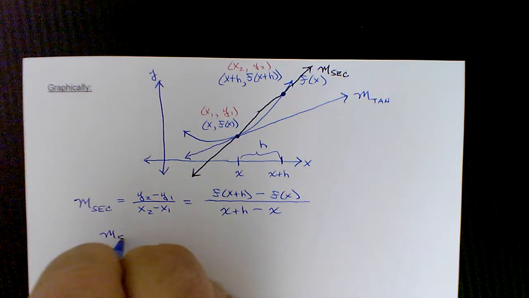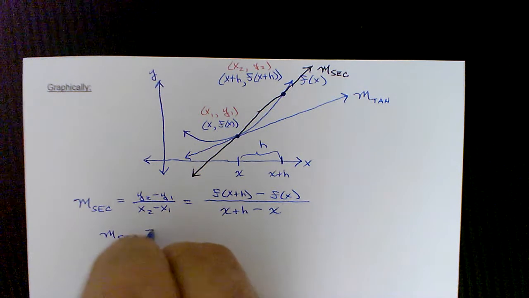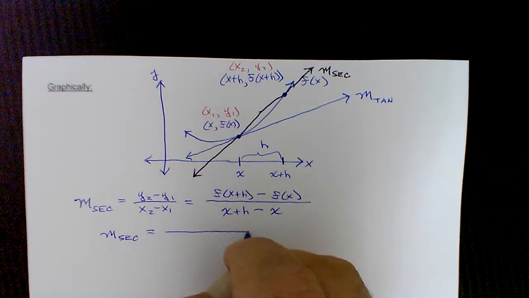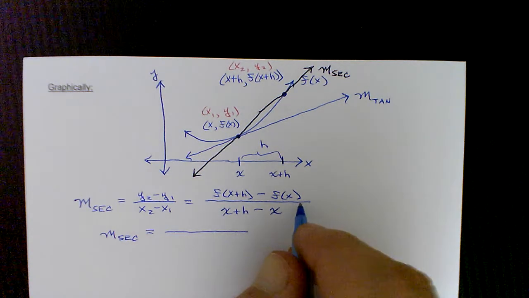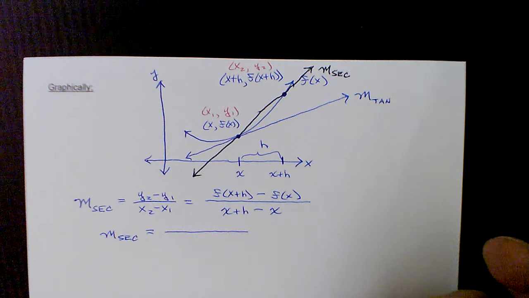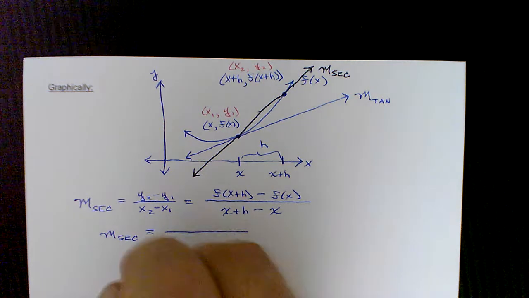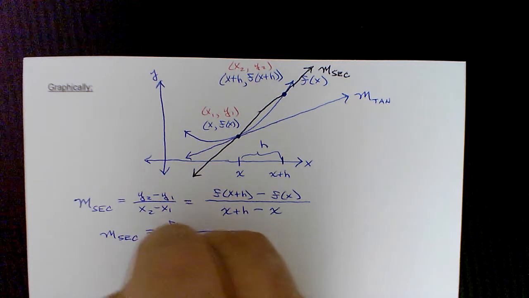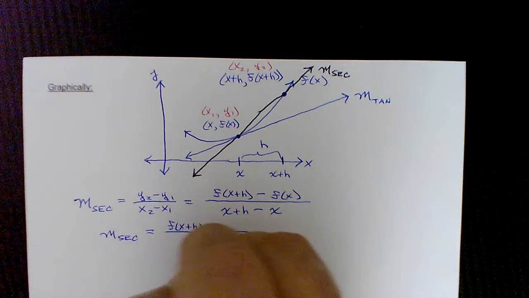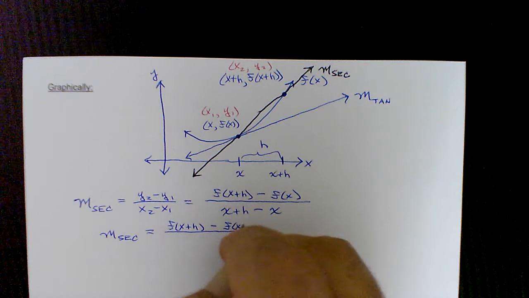So the slope of our secant line becomes, well, there's nothing we can do with the numerator. That's functional notation. We don't even know what the function is. This is just in general. So we have to leave f of x plus h minus f of x because they're unique quantities.